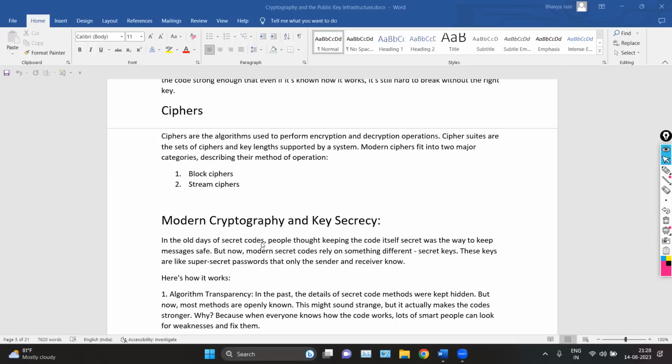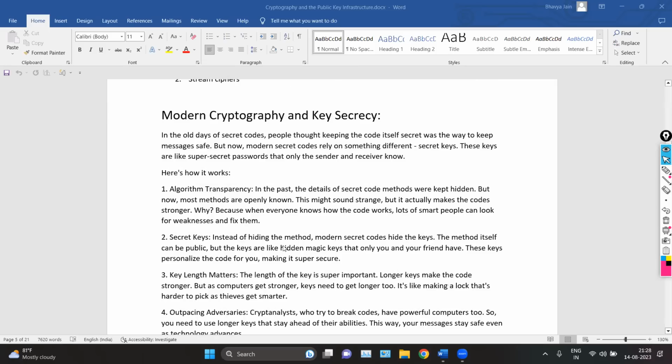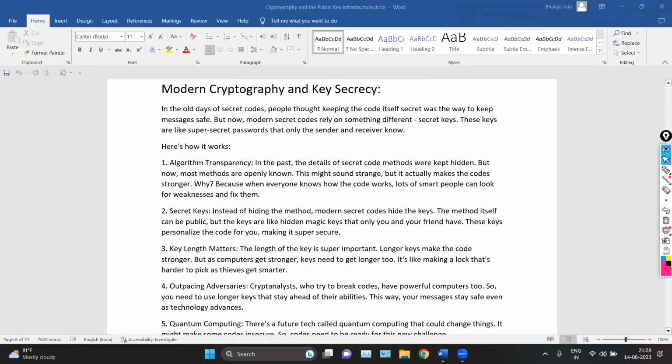Then we have modern cryptography and key secrecy. In the old days of secret codes, people thought keeping the code itself secret was the way to keep the message safe, meaning both the key and the method. But now modern secret codes rely on something different, which is secret keys.